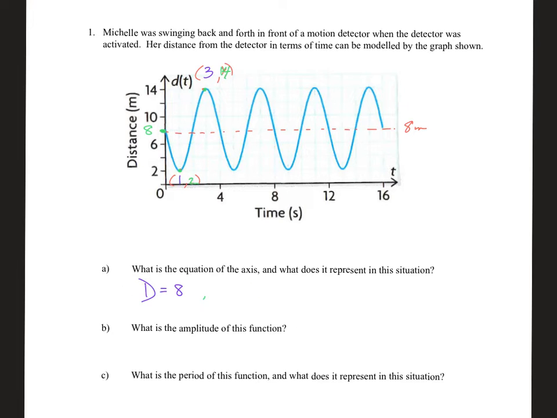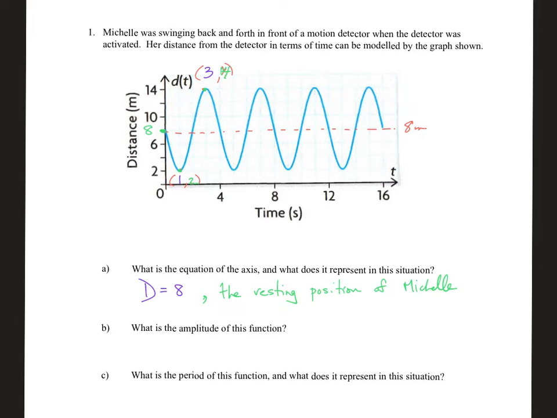If it represents halfway, then it's not dealing with the motion towards and the motion away, that would actually represent the resting position of Michelle. Once Michelle stops swinging, she's going to lie 8 meters away.